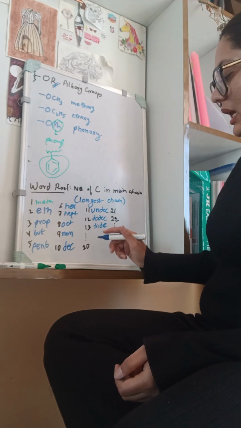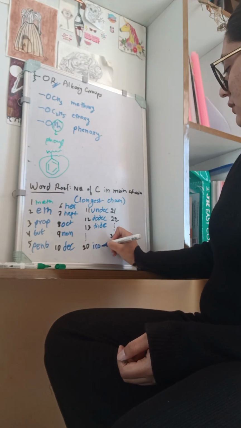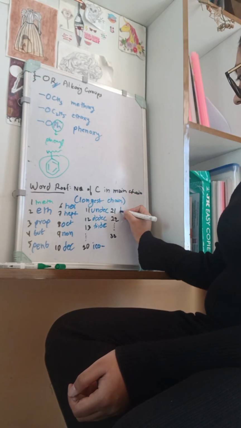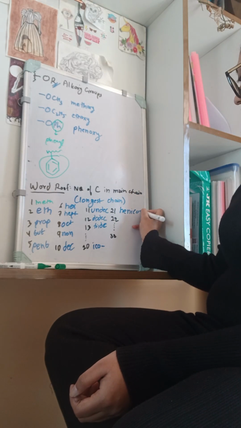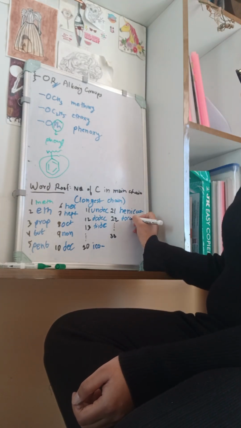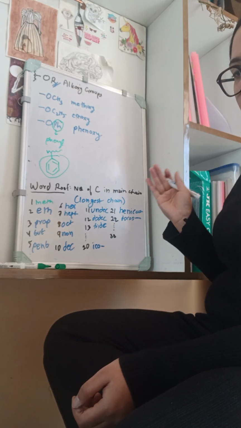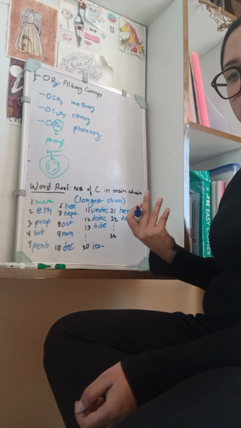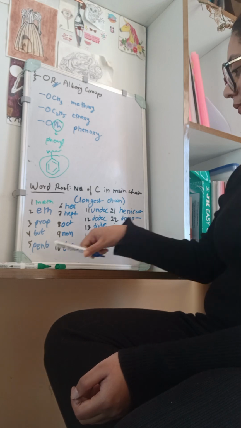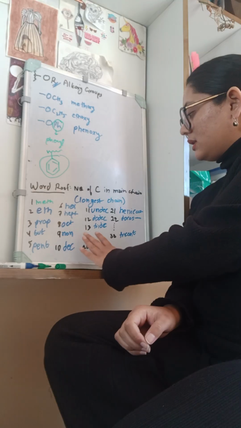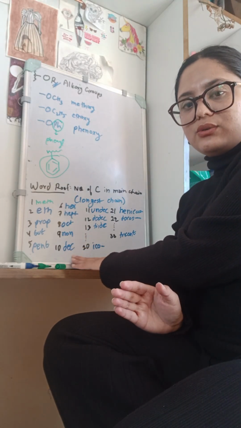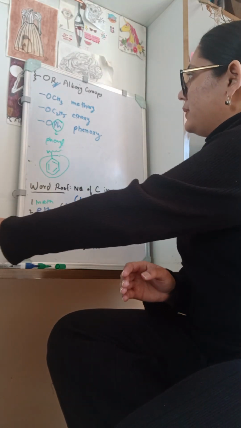Then 20 is going to be icos. 21 is going to be henicos. 22 is docos. Similarly, we'll keep going on, and then 30 is tricont. It is mandatory to remember up till 10 carbons, and then the rest you can remember as you do the examples.